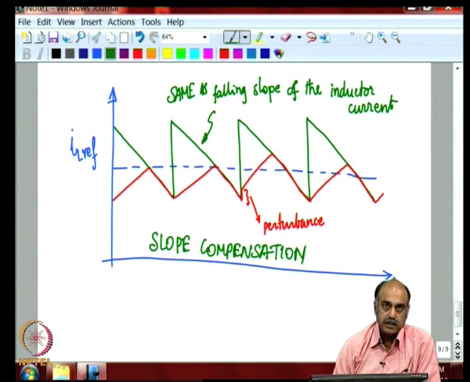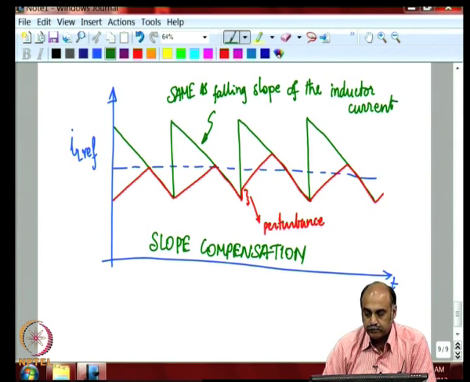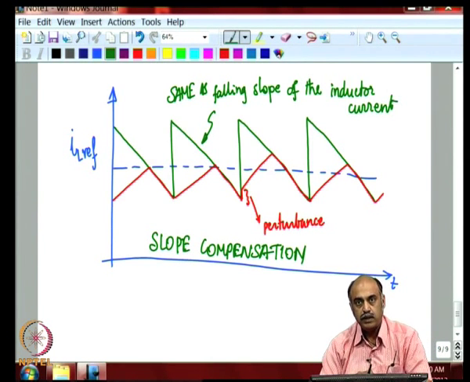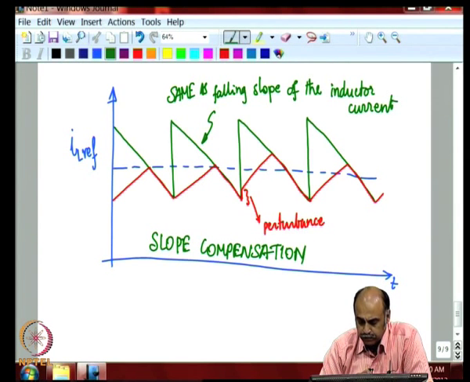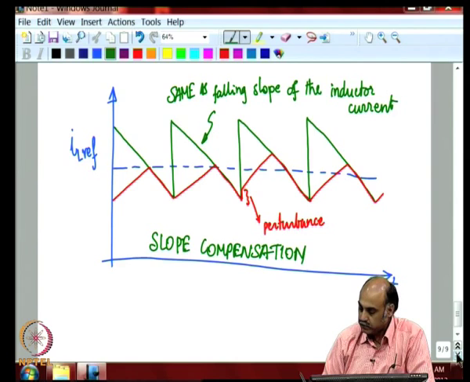If the duty cycle is less than 0.5, you do not need slope compensation, because anyway d by 1 minus d is going to be less than 1, and it will anyway attenuate all the perturbance and reject it eventually. But to be on the safer side, giving a slope compensation in this manner is very essential and recommended.